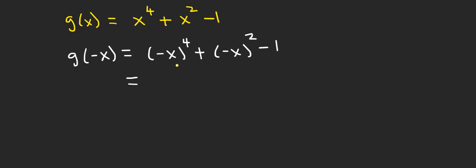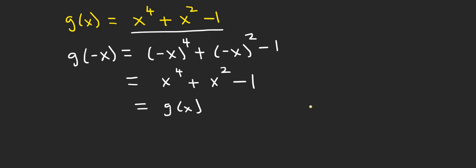You end up getting x to the fourth plus x squared minus 1, and this is the same thing as g of x. So when we get g of negative x equals g of x, we can conclude that this function is even.